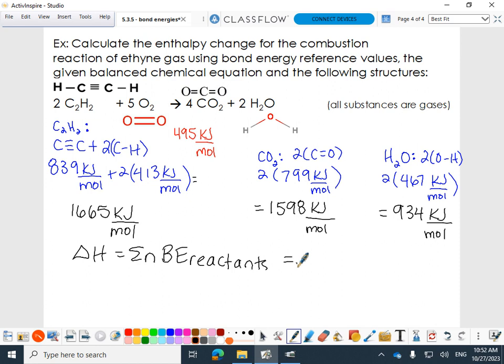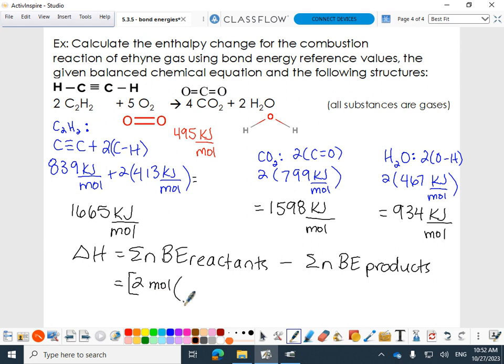That's supposed to be a minus, sorry. So 2, again, I'm going to write mole so that I can show dimensional analysis.